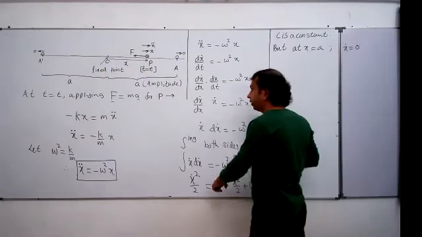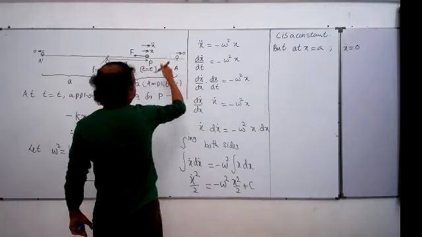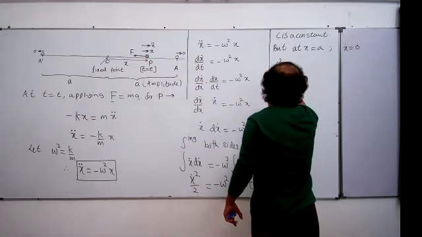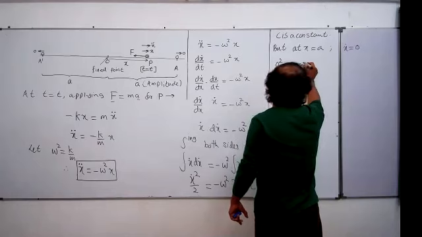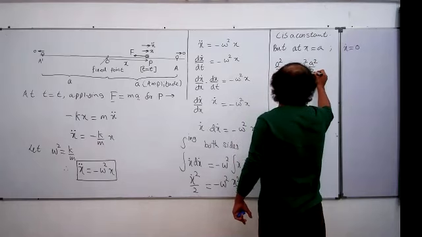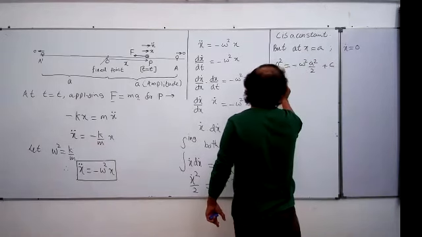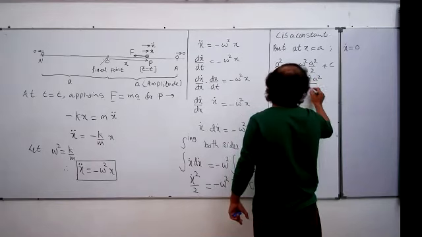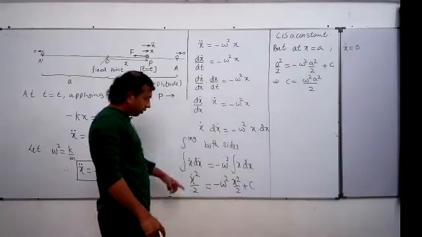When the particle reaches here, x is A and velocity is 0. Put that here: 0 squared by 2 equals minus omega squared A squared by 2 plus C. This is 0 now. This implies C equals omega squared A squared by 2. Now put that in place of C.